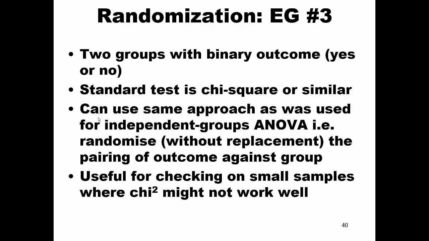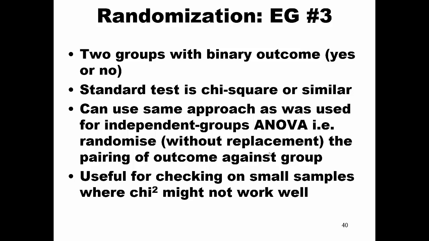And here we can use the same randomization approach that we used in the previous example with independent groups ANOVA, where we randomize without replacement to break any link that there might be in the data between the pairing of the actual outcome observed against the group. Previously, we did this to break any association between the score and the group.